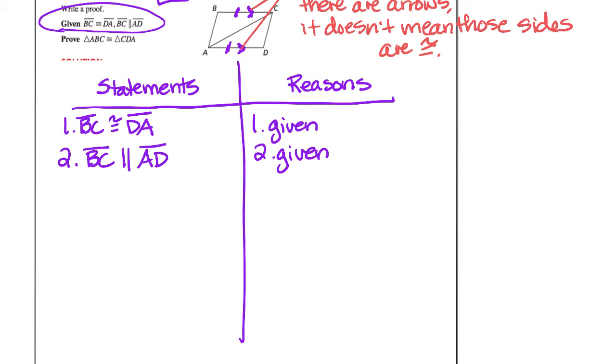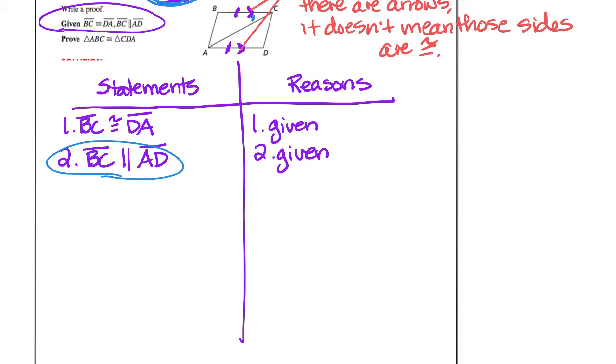So what we're going to do is look up here and say, oh, we know we're going to use side, angle, side. And I already have one side, and I have to look at my diagram and think, why are they telling me that there are parallel sides? Oh, that's because we have alternate interior angles.